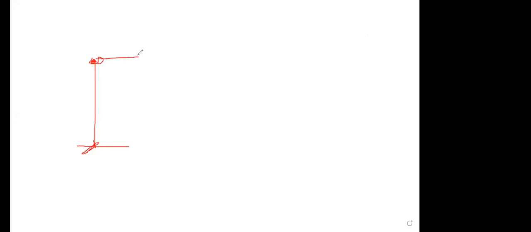Now when it's up here, it has potential energy, and that can be calculated from m, which is mass, times g, which is acceleration due to gravity, times h, which is height from the ground.